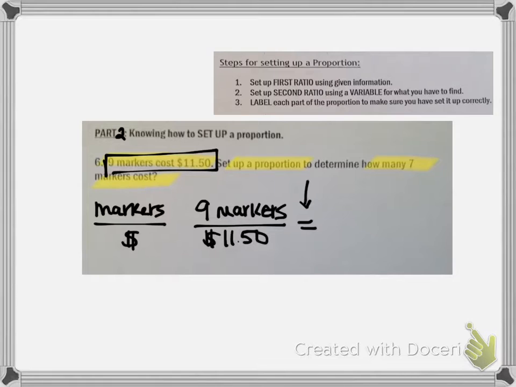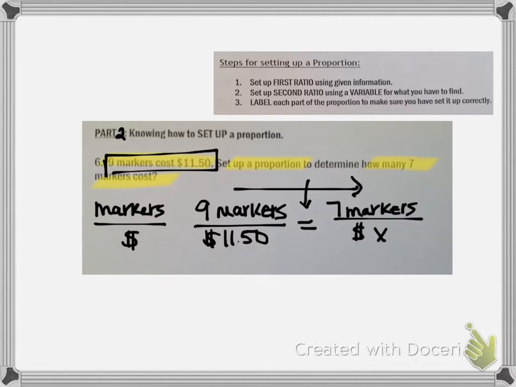That's something that we forget to put is our equal sign. 7 markers. Markers goes on top, so 7 markers. And I want to know how much it costs, so I don't know that, so X represents my unknown. That's just the setup. The solving is getting from here to here, the one without the X to the one with the X.